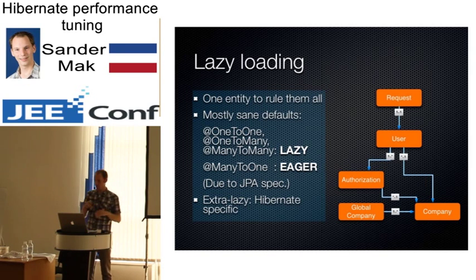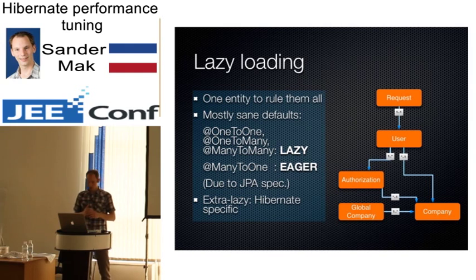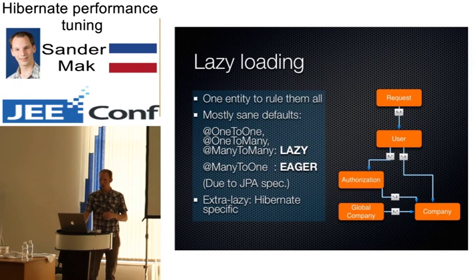The many-to-one, and it's a nice one to know, is actually eager by default. So if you do not change that, then it will always get these relations directly when you get the parent entity as well. And Hibernate also has a nice one called extra lazy, and we'll get back to that when we're talking about the very large collections.